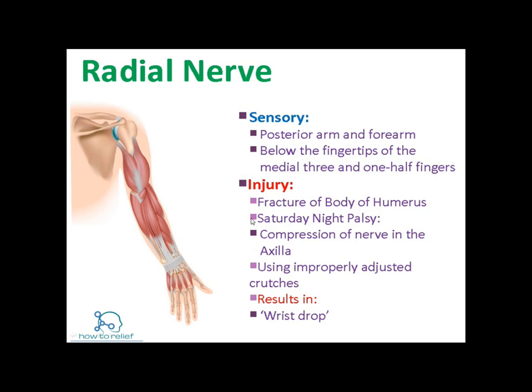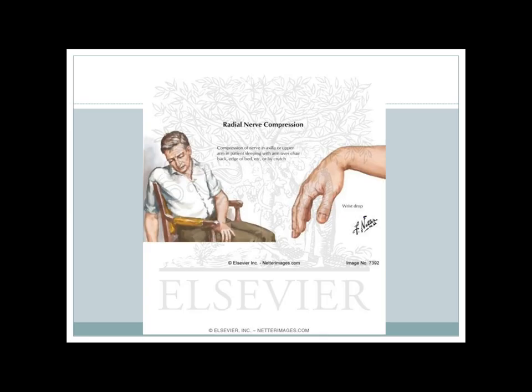And there is something called Saturday night palsy. Whenever an alcoholic person drinks too much and falls asleep on a couch, their hand or arm hangs from the chair, and the chair puts pressure below the axilla, and the radial nerve is compressed between the bones of the shoulder, like the humerus, and the chair.